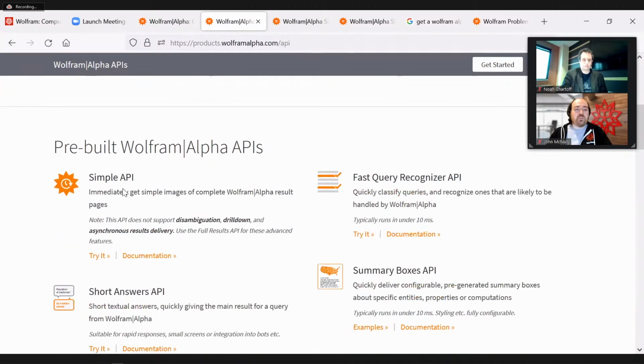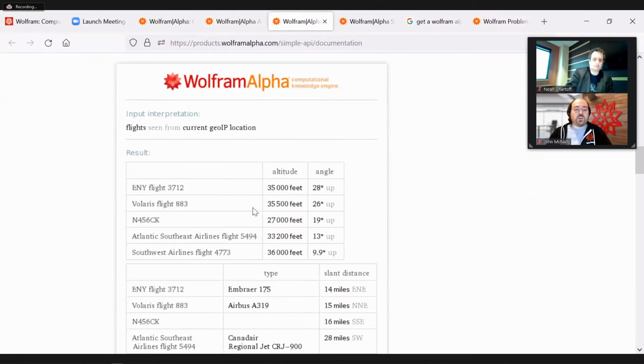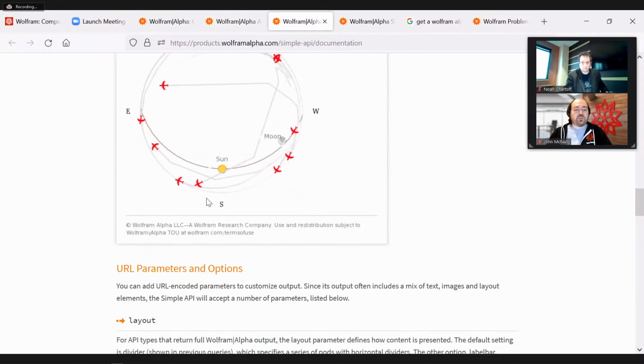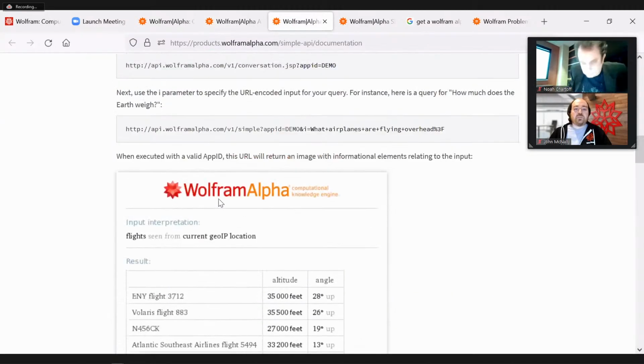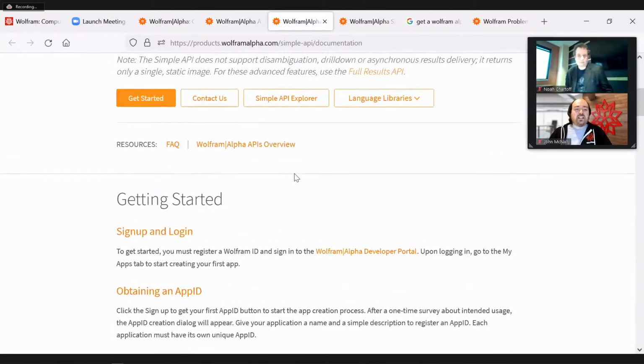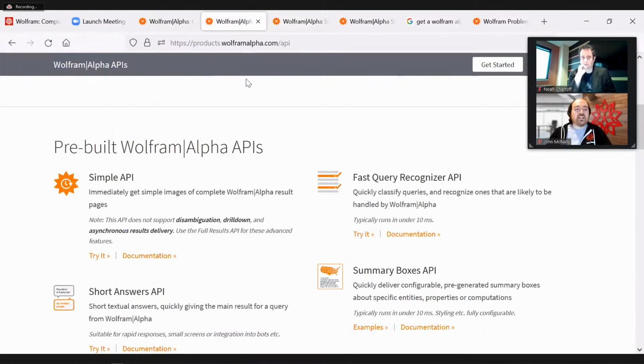There's a simple API that does the simplest possible thing. It just generates this image that doesn't have any fanciness to it. It's no longer interactive because it's just an image, but it shows what you get when you ask Wolfram Alpha a particular question. So that is the simple API, and it is documented, as you might expect, under the simple API reference.